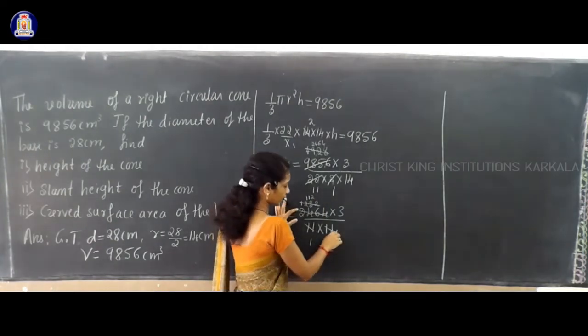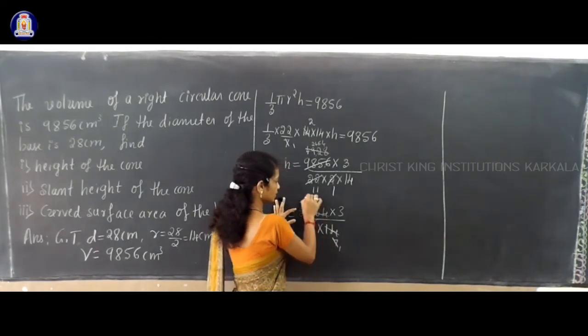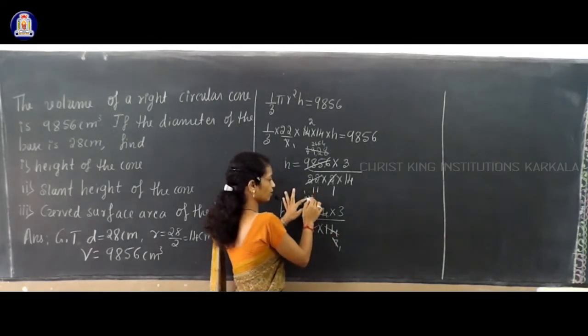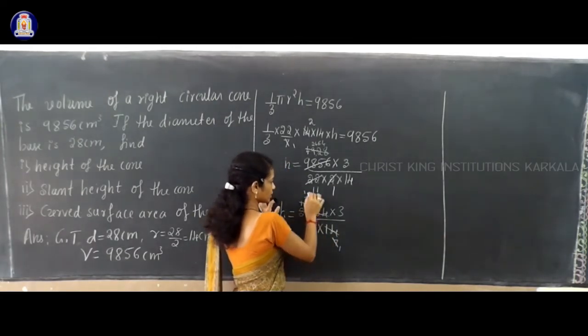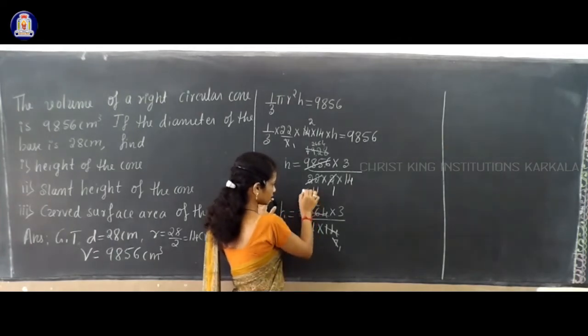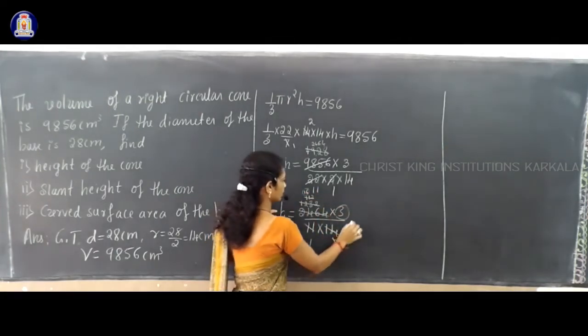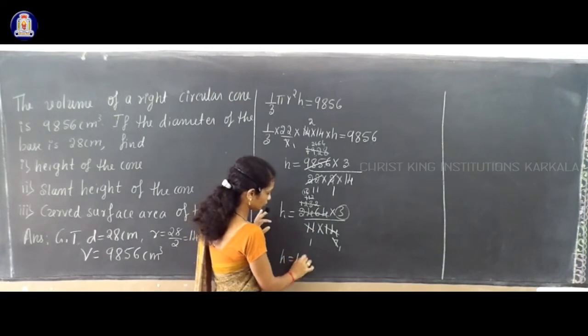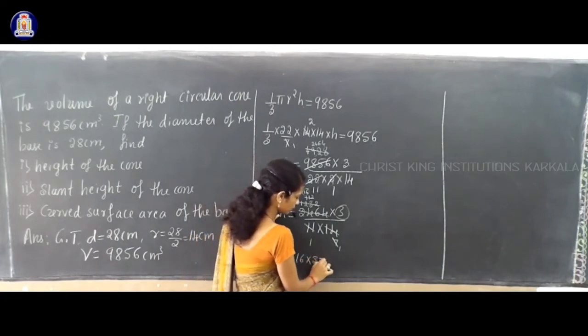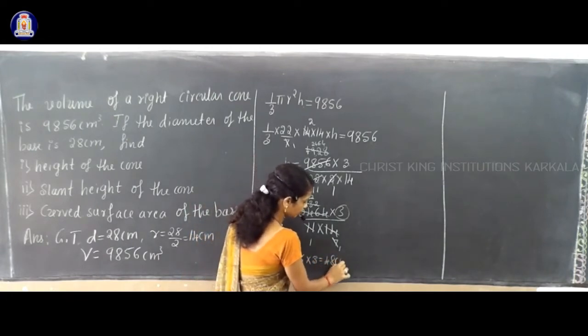Okay. Now you cancel 7 and 112 by 7, once 7 once 7, and 16 times. So now 16 into this 3. That is equal to H is equal to 16 into 3. That is equal to how much? 48 centimeter. So this is the height of the cone.